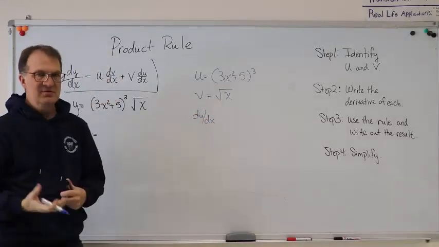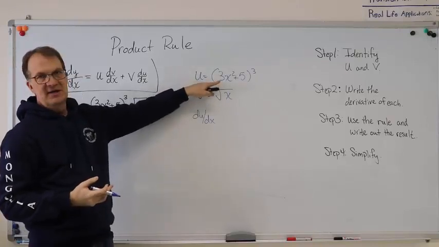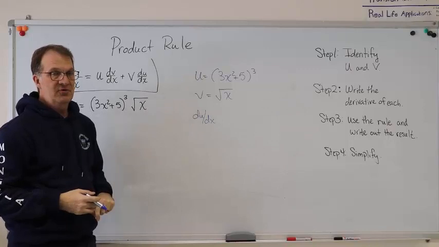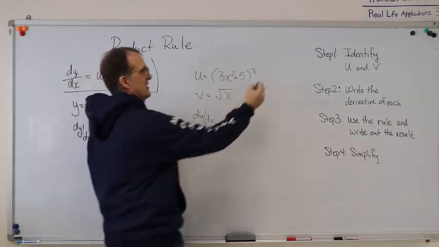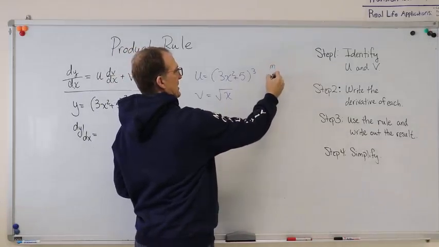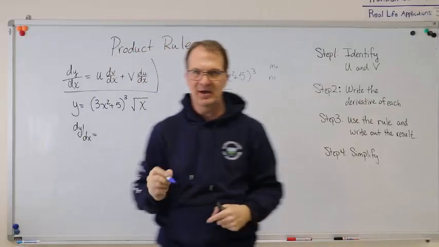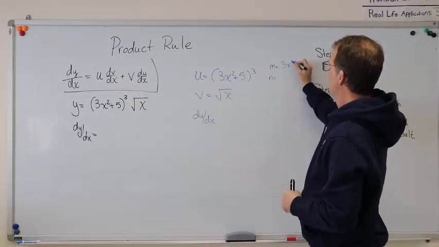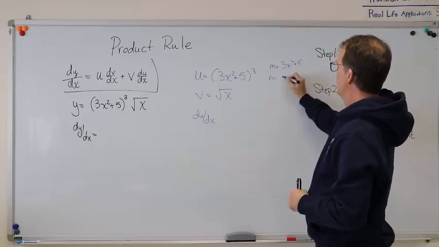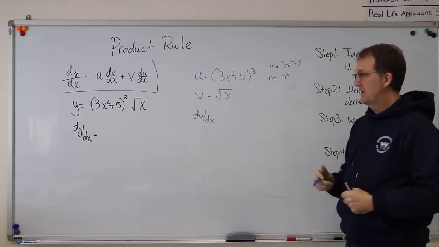What makes this a bit more complicated is the fact that you should recognize this will require the chain rule, what we just talked about. So we have to think about this as we have an m and an n, and so when I work out, the m is what is inside the function, and n is the bigger function.